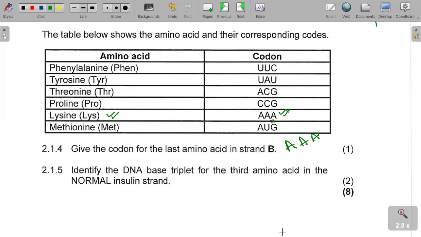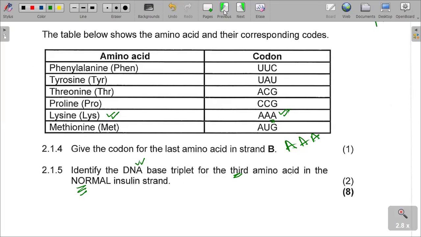And then identify the DNA-based triplet for the third amino acid in the normal insulin strand.